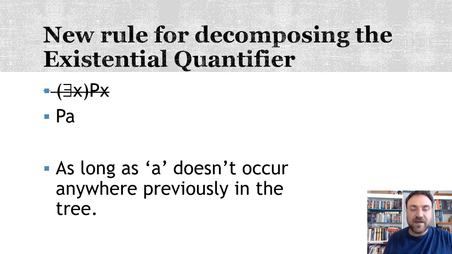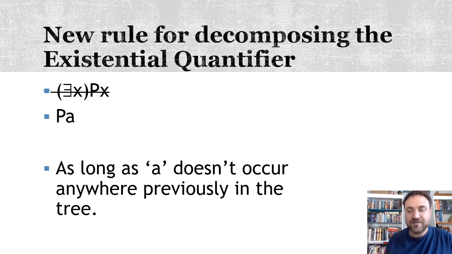The tree system, as you'll see once you get practice doing a number of these, is constructed in such a way that it will generate for you a world just large enough to test the consistency of the set of statements that you put into it. So if there are lots of different existential quantifiers, you're going to end up with lots of different possible constants, but only enough that you can test whether the system is consistent.